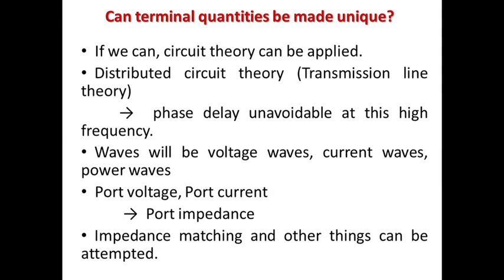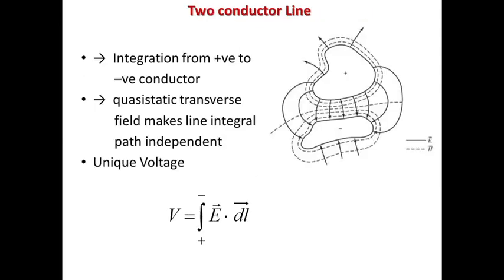But due to the non-uniqueness of the solutions, it can be done in various ways. So, what is the best possible way by which we can define voltage and current? If we can do that, then we can do impedance matching and other design things.